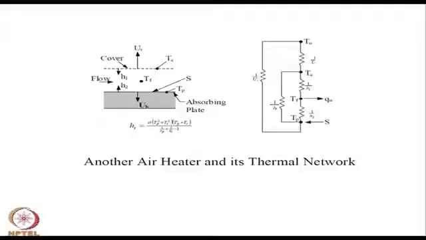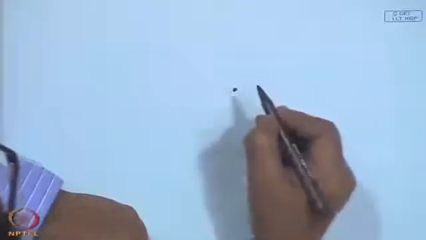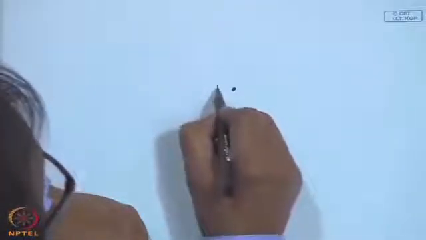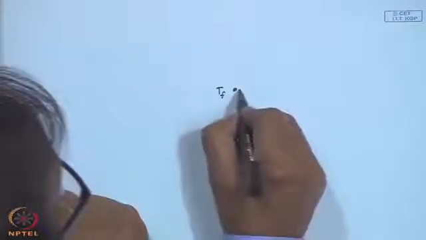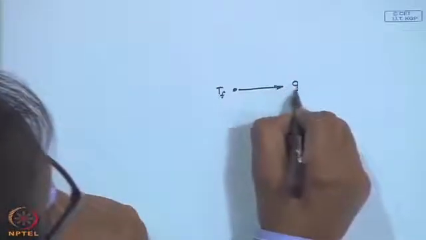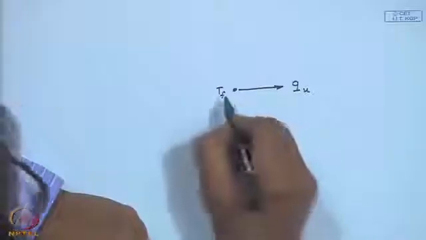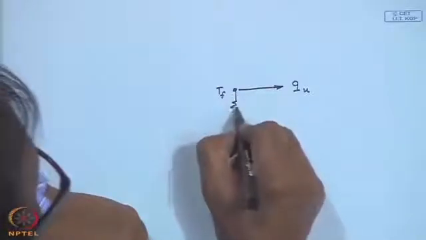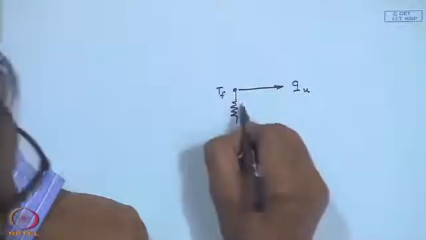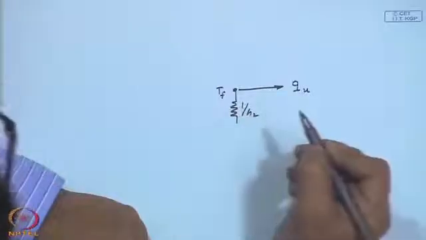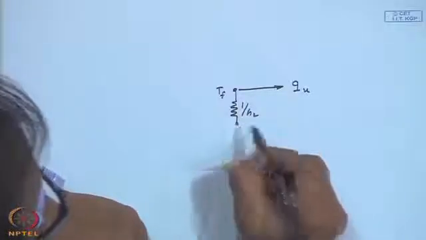So, how does the thermal network look like? Let this be the fluid temperature T f, from which useful energy gain comes. Then we have got 1 upon H 2 losing by convection to the absorber at T p.